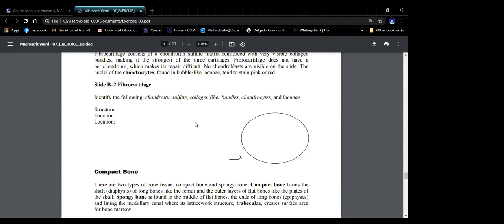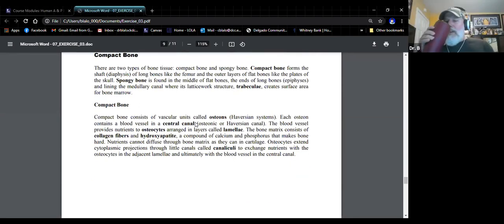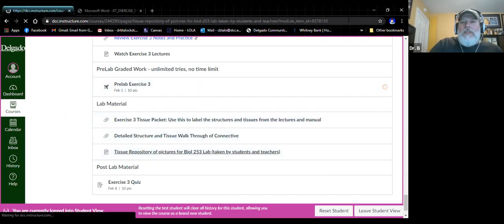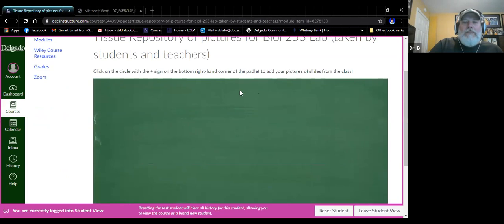Any other questions before we move to that repository and look at some examples? All right, well then let's jump over there. Let's see some examples of connective tissues that we looked at today.